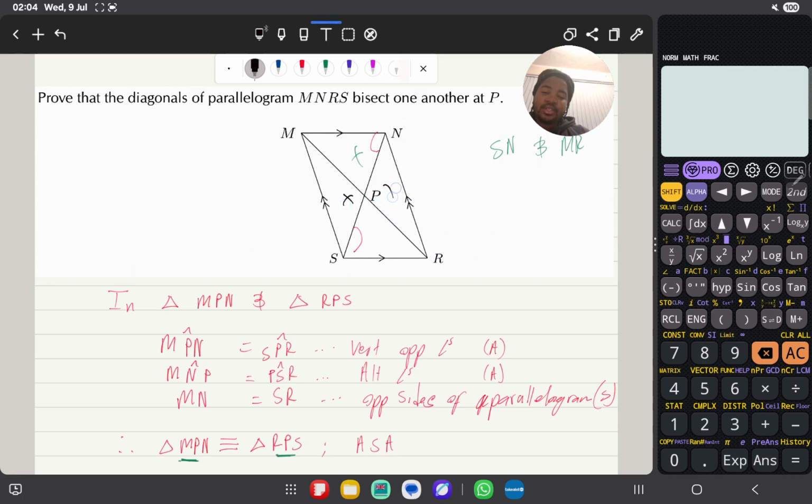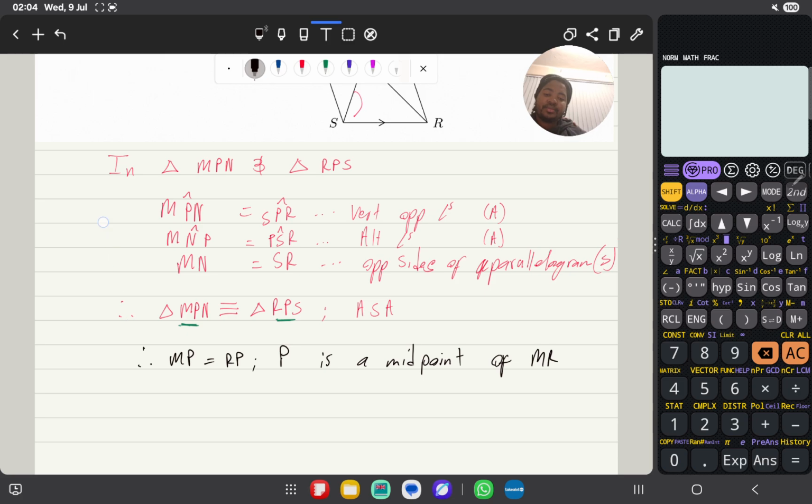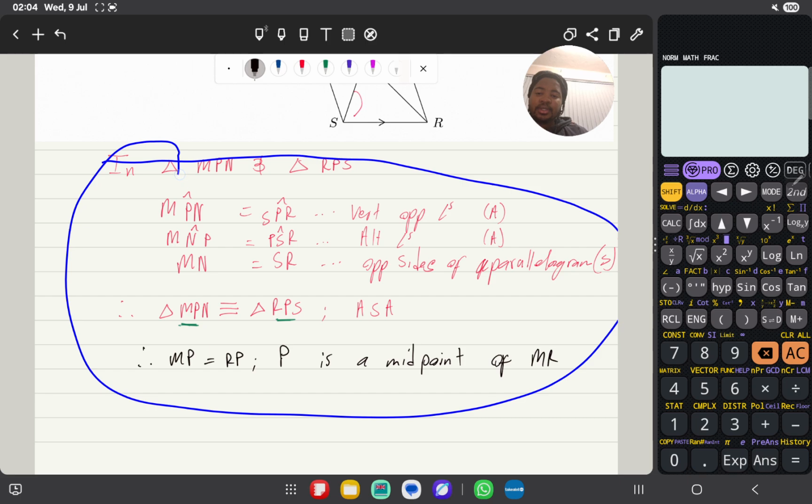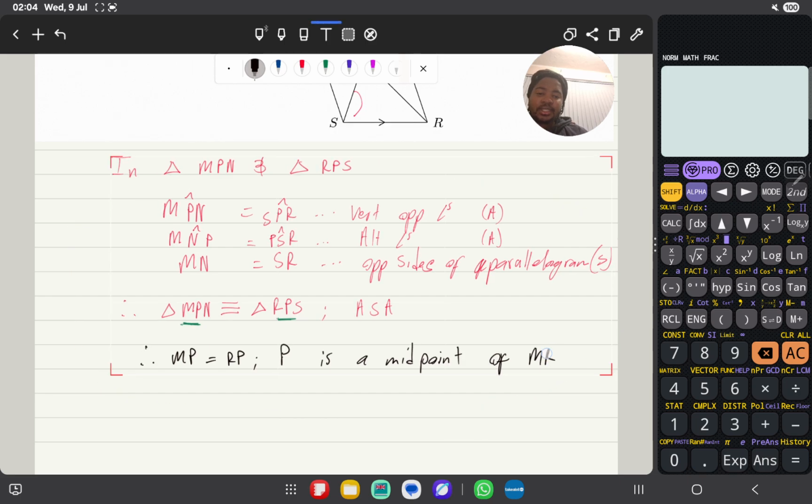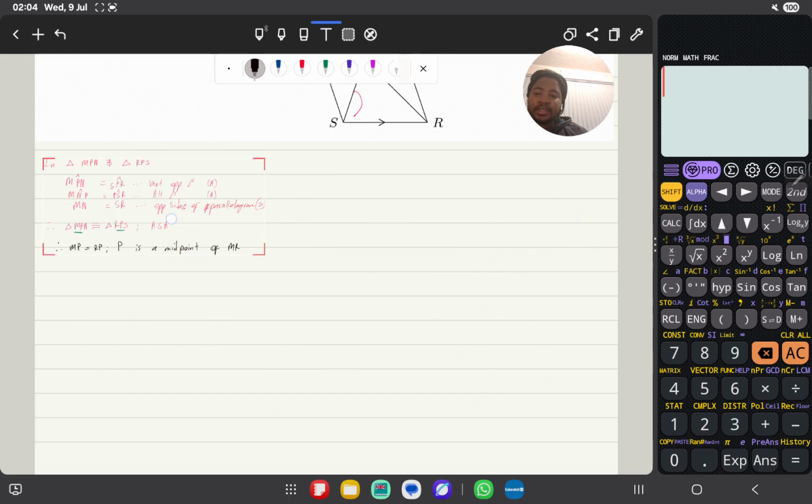Let's now focus on these two triangles. Oh, running out of space. Let's see what we can do. Resize. I'll just put it here at the corner.